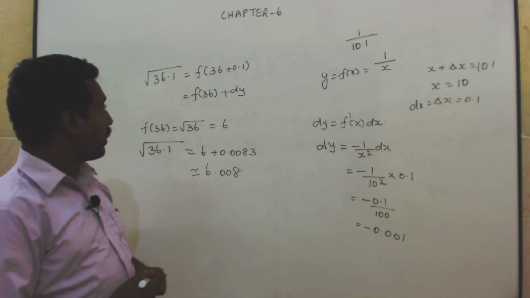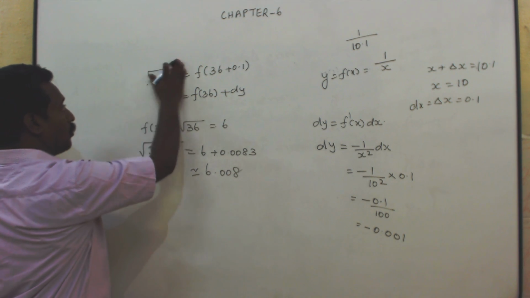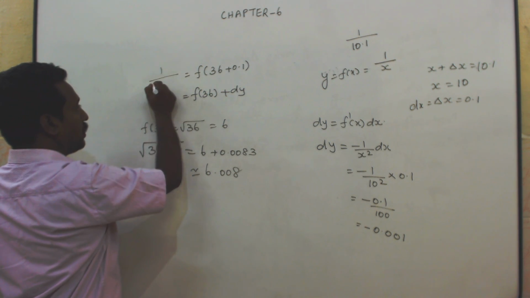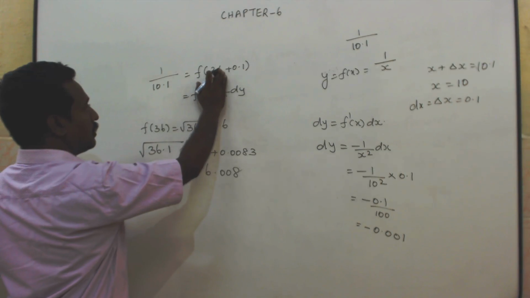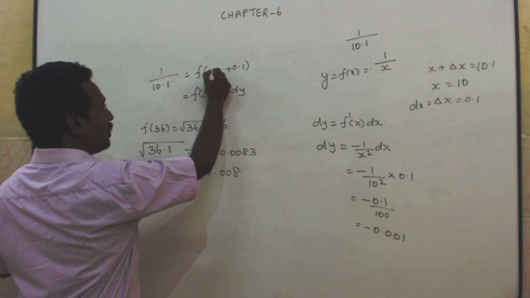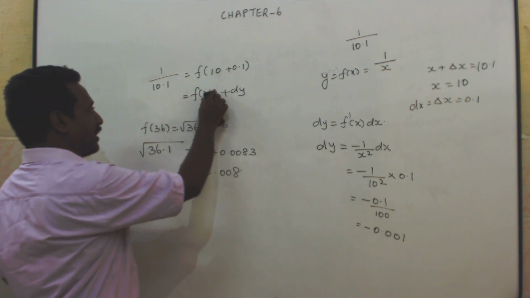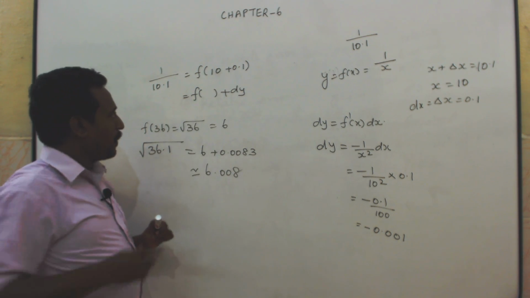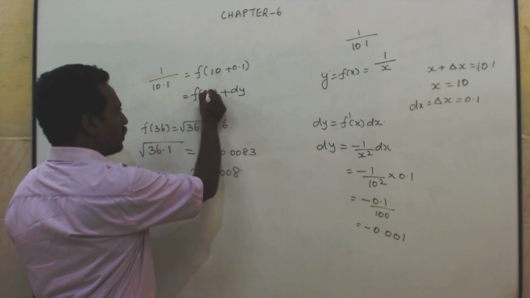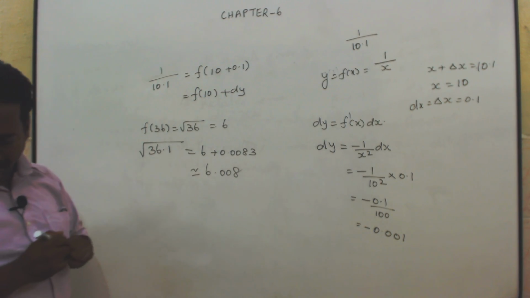But what we have to find out? We have to find out 1 by 10.1. That is f of 10 plus 0.1, that is f of 10 plus dy. What is f of 10?